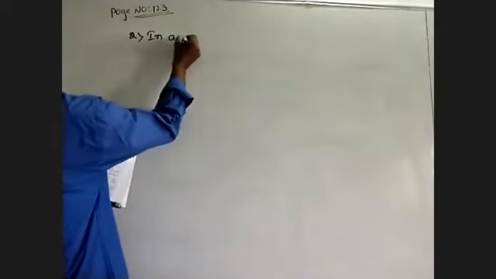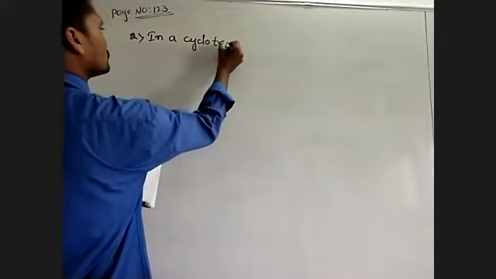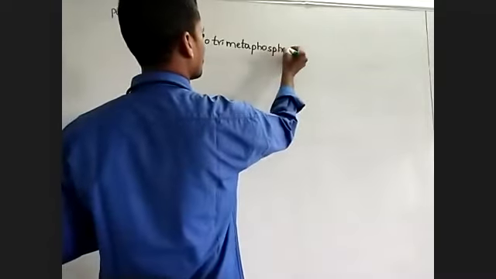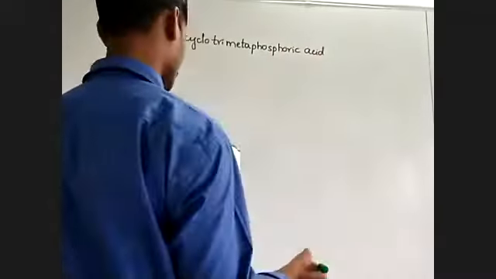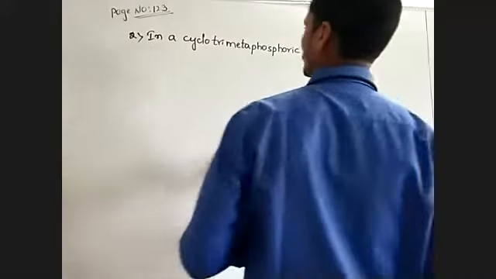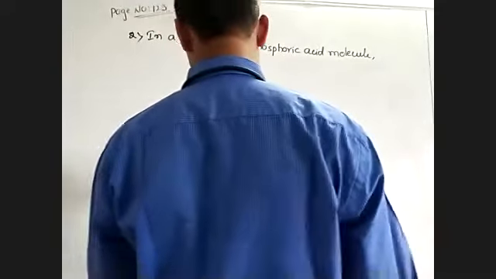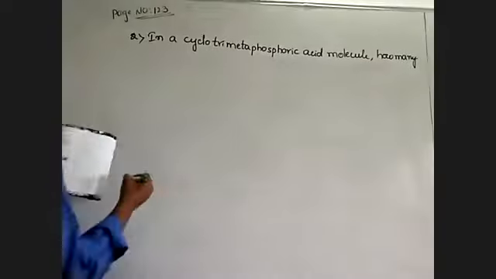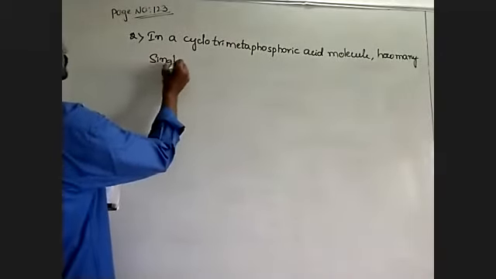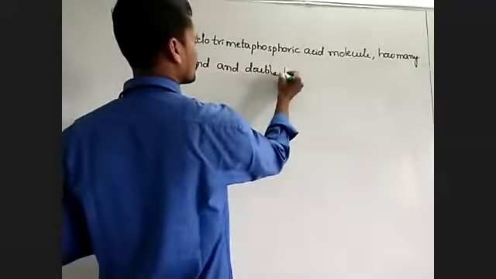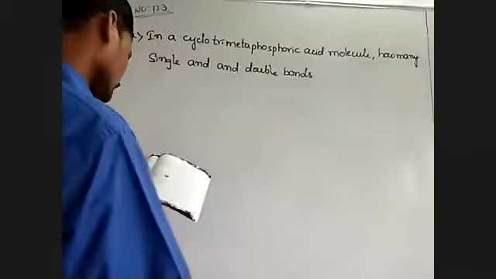In a cyclo-trimetaphosphoric acid molecule, how many single and double bonds are present?